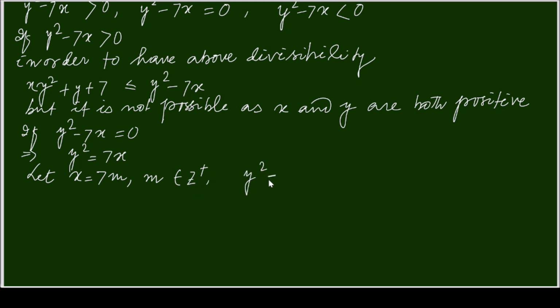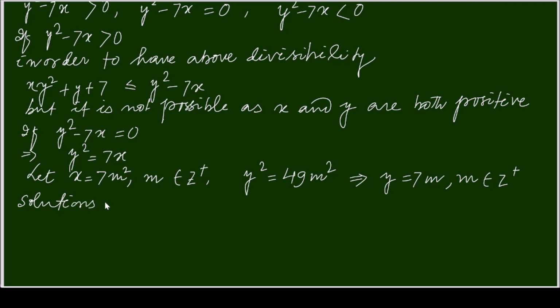Then y square equals 7 times 7m square, so y square is equal to 49 m square, or y equals 7 times m, where m is a positive integer. So the solutions x, y equal 7 m square and 7m, where m is a positive integer.